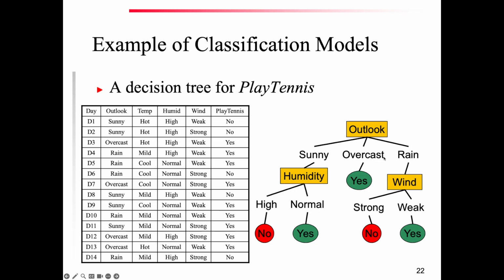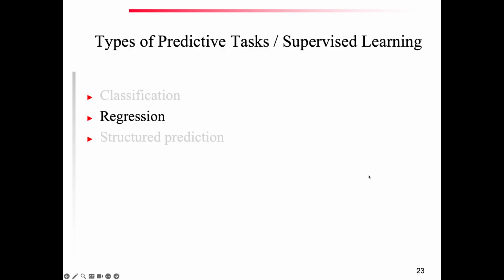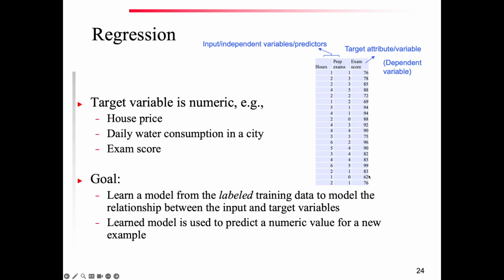If it's rainy, are you going to play or not? Depends on the wind, yeah. And if overcast, then yes, you go play tennis. So that was for classification. We are not going into depth for today. I'm just providing an introduction to different topics that I'm going to cover in the rest of the class.